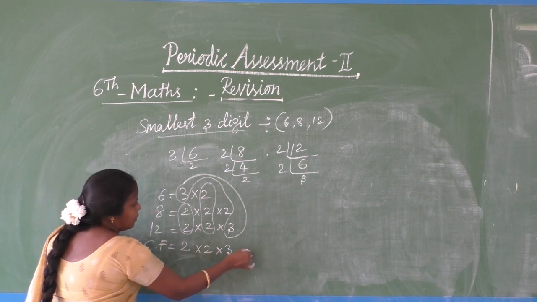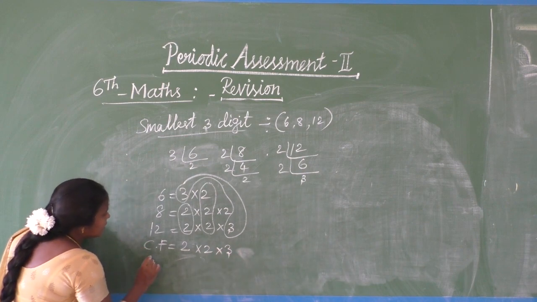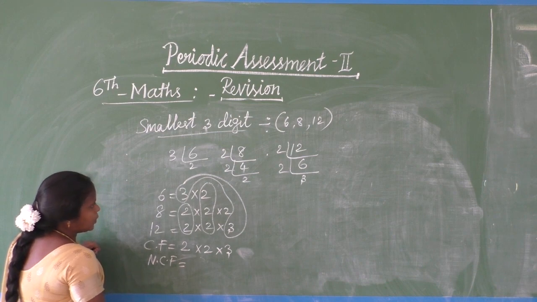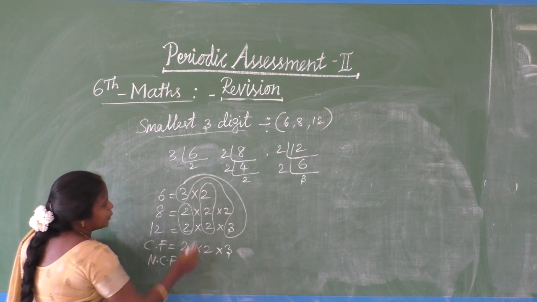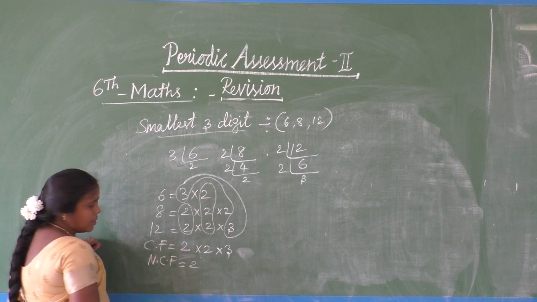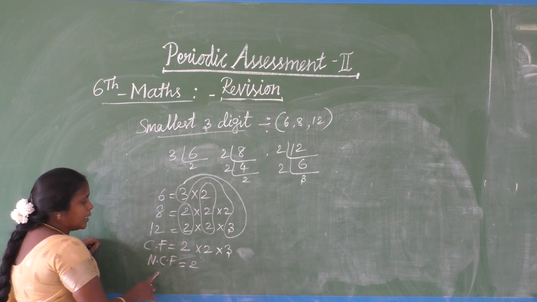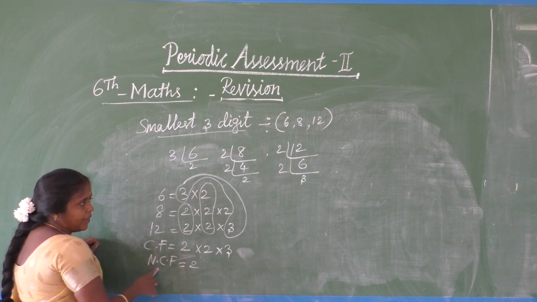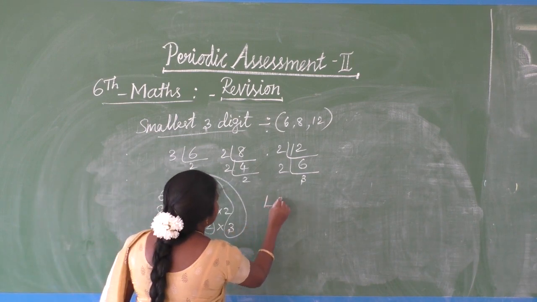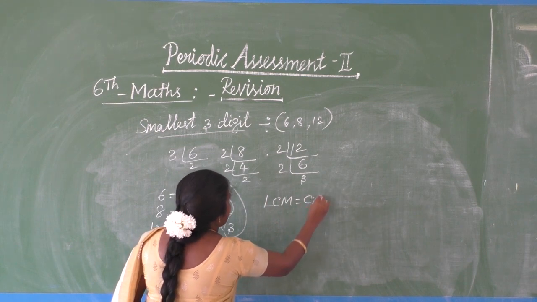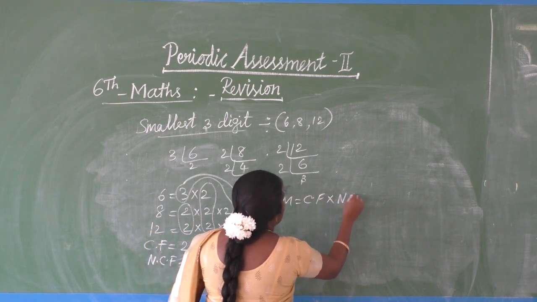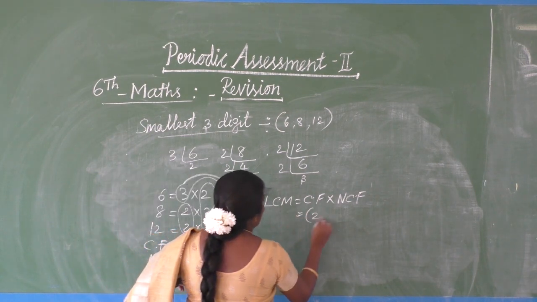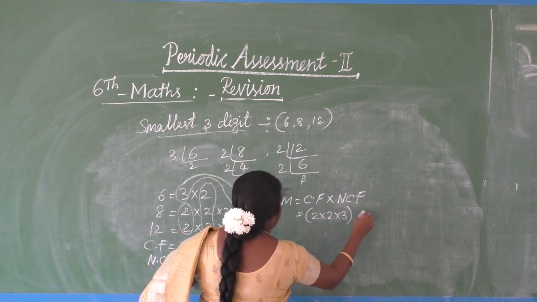Now the non-common factors. Non-common factors means, what do you think? Here only the 2 is left over. This is the non-common factor. Just now I told you LCM means the product of common factors and non-common factors. Yes or no? So common factors into non-common factors. In the common factor category, what's coming? 2 into 2 into 3.